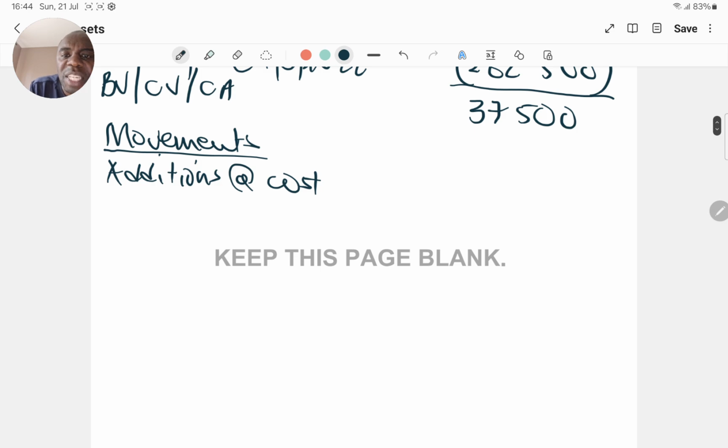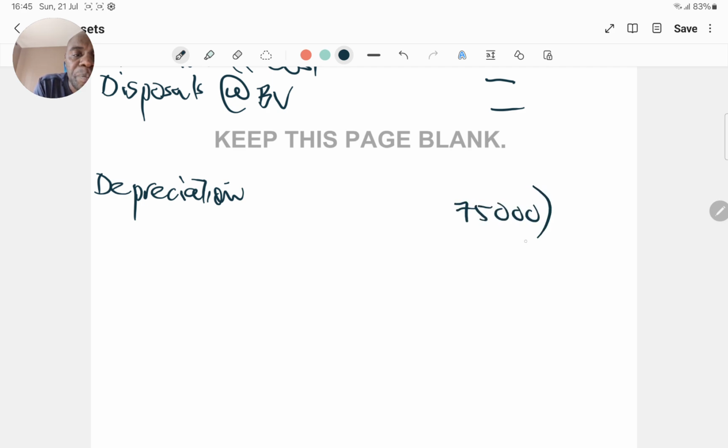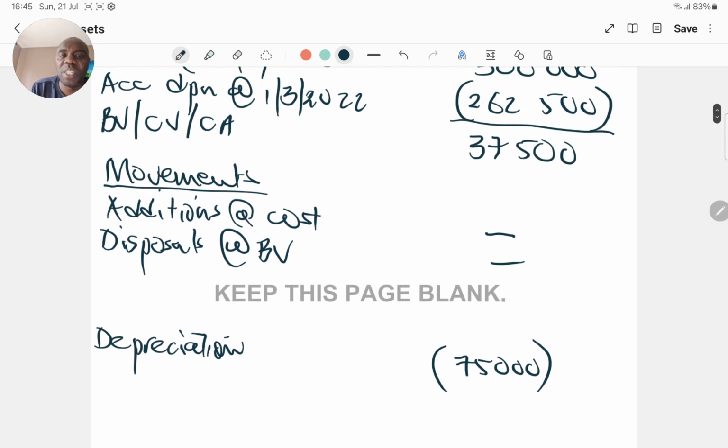Disposals at book value? No, we did not. Then we look at our depreciation for the year. According to the bookkeeper, it's 75,000.